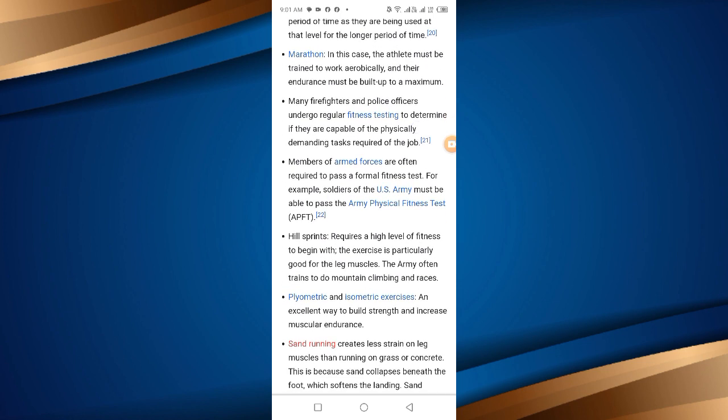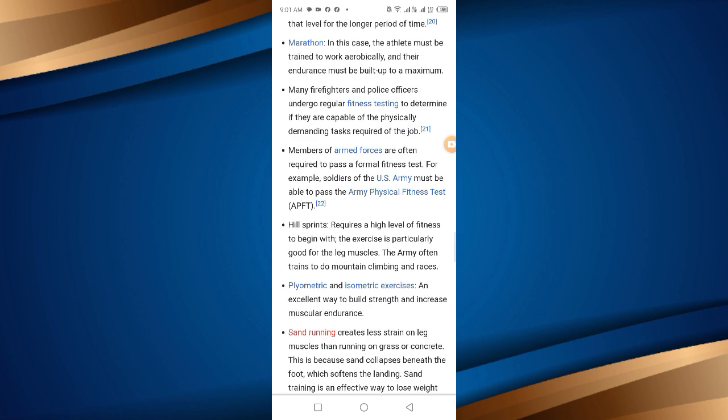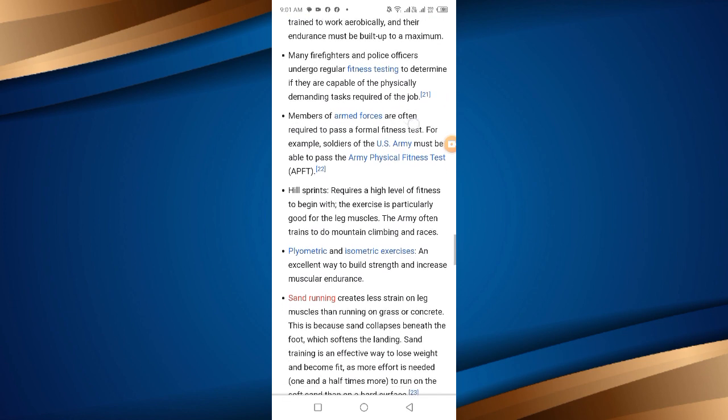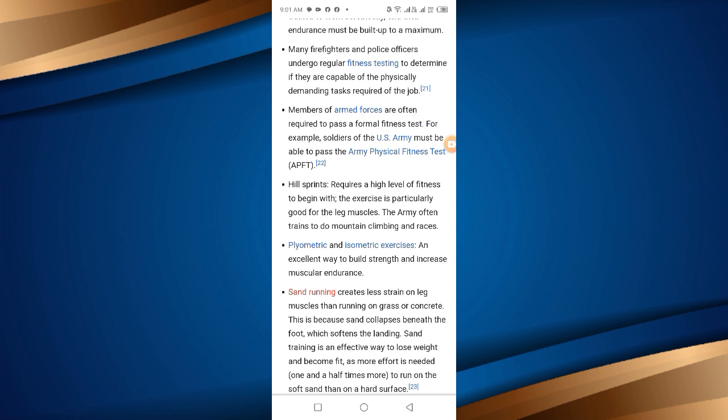The marathon, in this case, the athlete must be trained to work aerobically and their endurance must be built up to a maximum. Many firefighters and police officers undergo regular fitness testing to determine if they are capable of the physically demanding tasks required of the job.